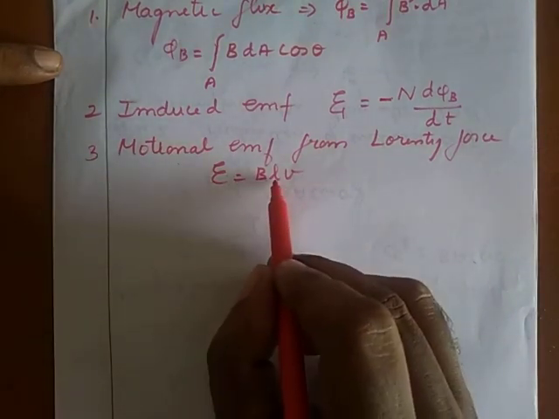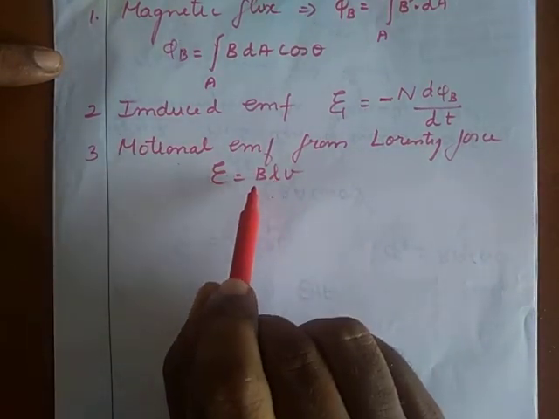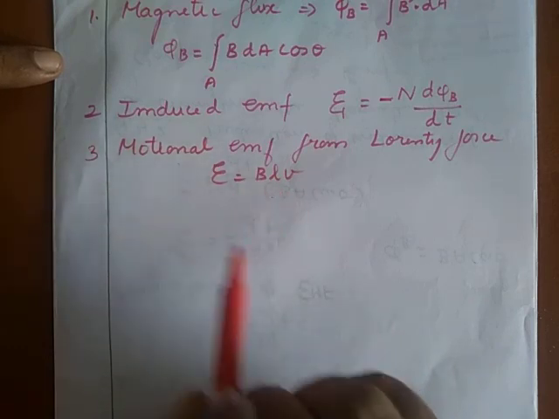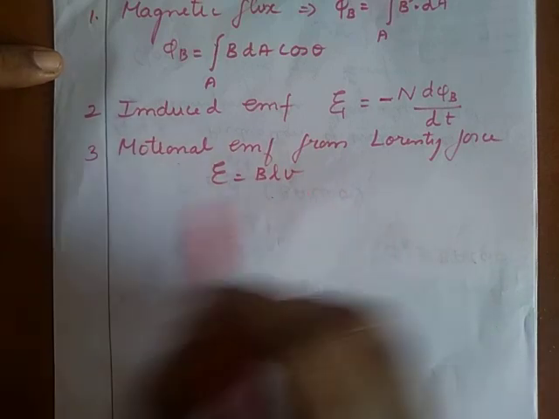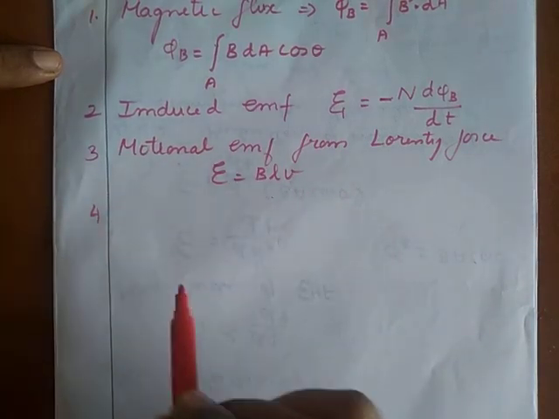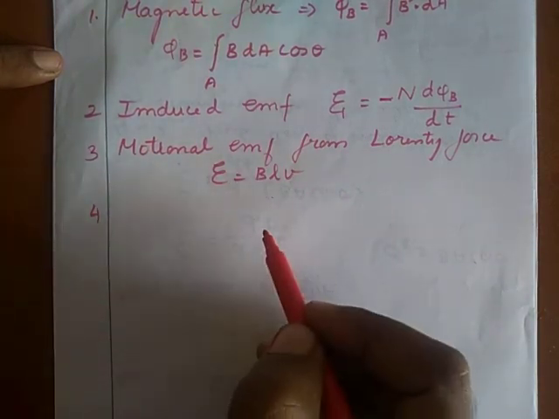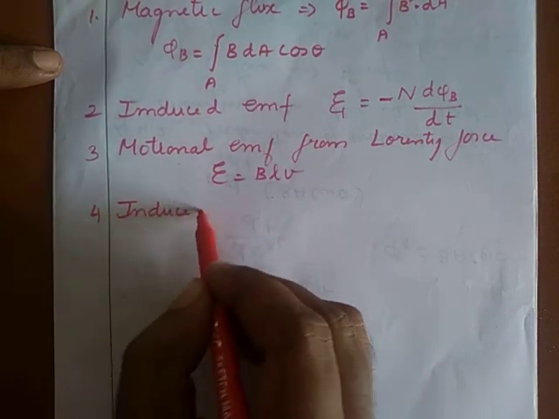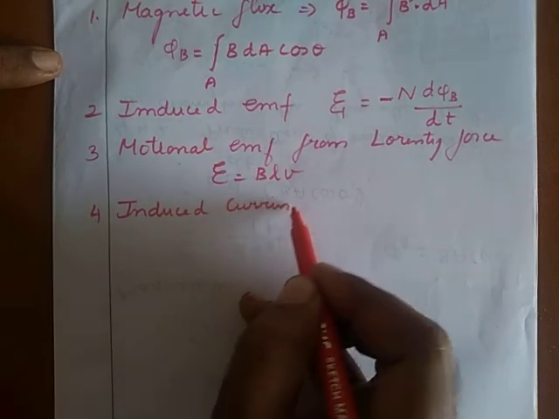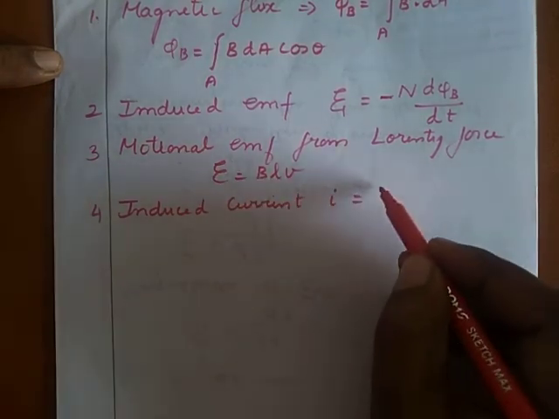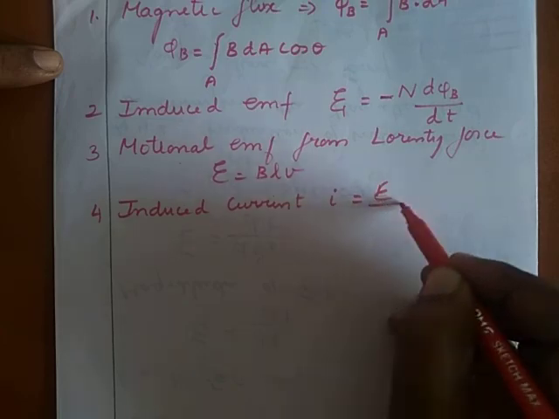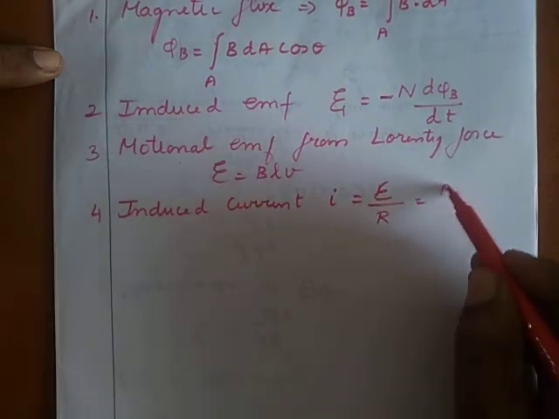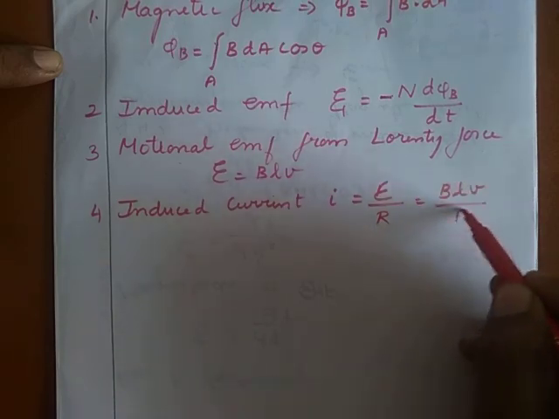Here L is the length of the wire, B is the magnetic field and V is the velocity with which the wire or the conductor moves. If this EMF is connected in a closed loop, it will produce a current. That induced current is represented as I is equal to EMF by resistance, R is the resistance of that loop. Then this became BLV by R.